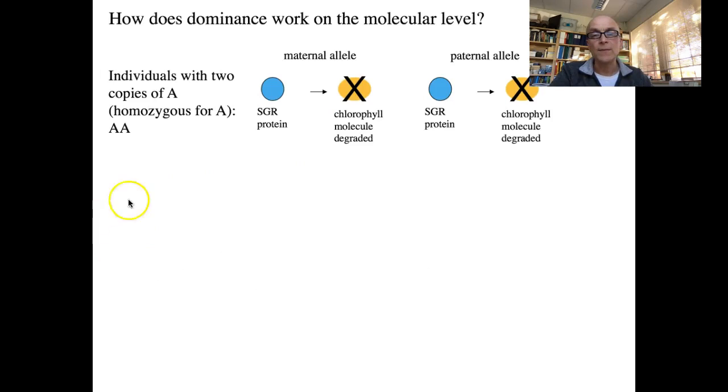So now if you think about this from the two parents, whether it's the maternal or the paternal, and whether we are homozygous or heterozygous, big A, little a, that kind of approach, if we want to compare that way of thinking, here's an individual with two copies of big A, big A, big A. And so the maternal allele, the one that came from the mother originally, and the paternal allele that came from its father, if they are both big A, then both chromosomes produce the SGR protein, which leads to the degradation of chlorophyll.